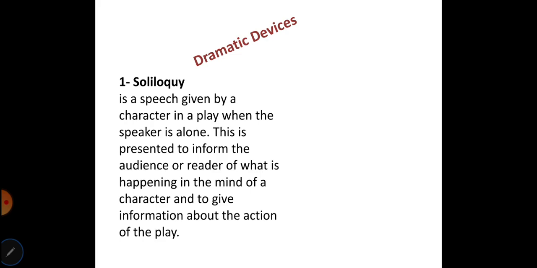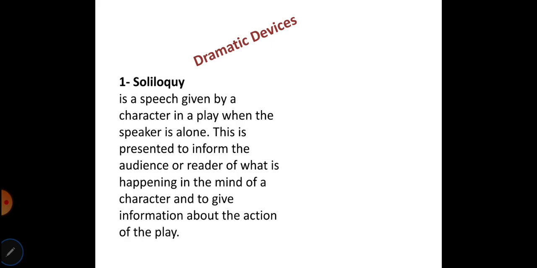Another thing that I thought you should know is aside. Aside is a speech made by an actor directly to the audience, but seemingly to himself or herself. Okay, so what's the difference between aside and soliloquy? In an aside, characters do not need to leave the stage.